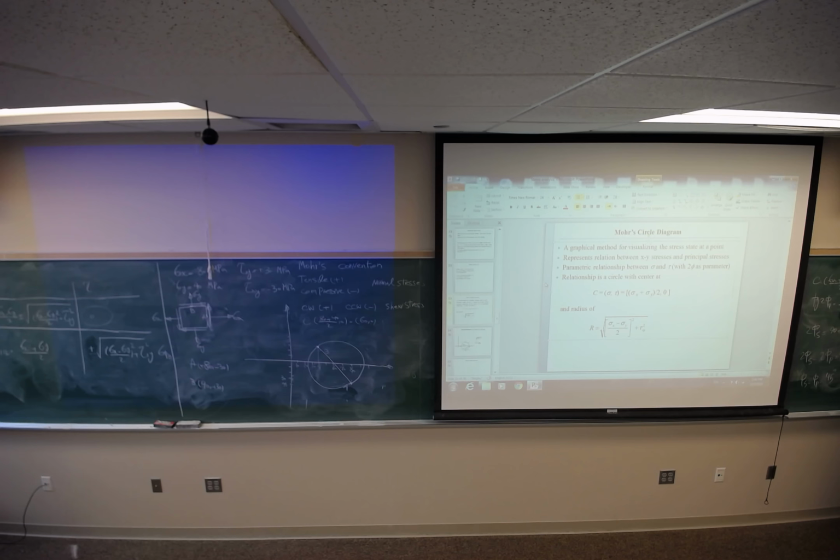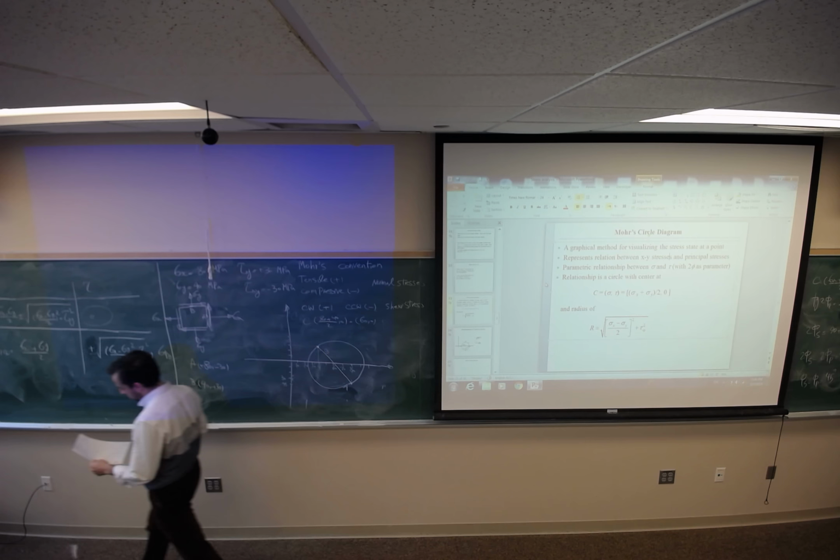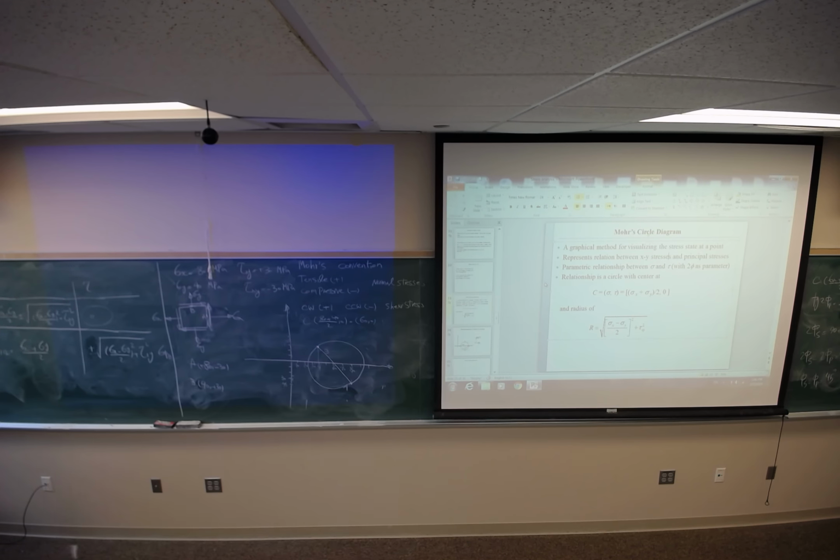R is the square root of sigma x, 80 minus sigma y, which is 40, divided by 2 squared, plus 30 squared. It's going to be almost 36.